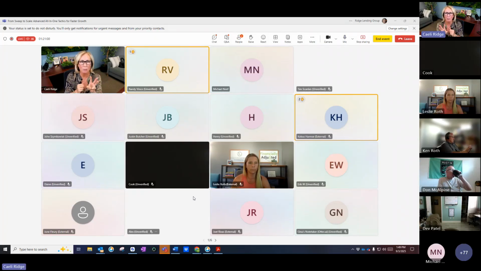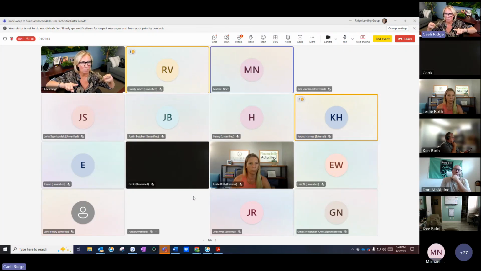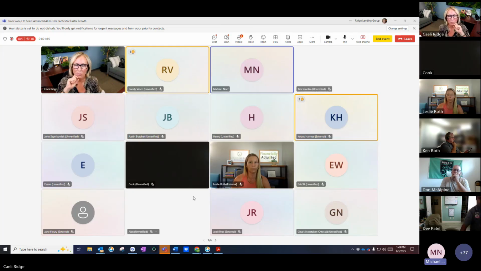So those 3 properties were acquired by using $65,000 down payment from the all-in-one and a 30-year fixed Fannie Freddie loan. Does that answer your question? So the goal is to get that primary paid off, then pay off those rentals.